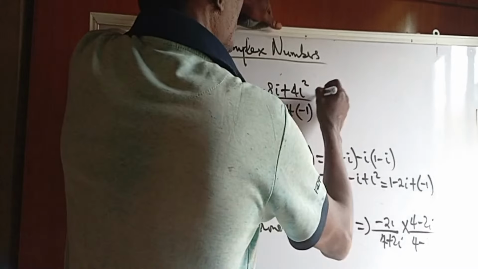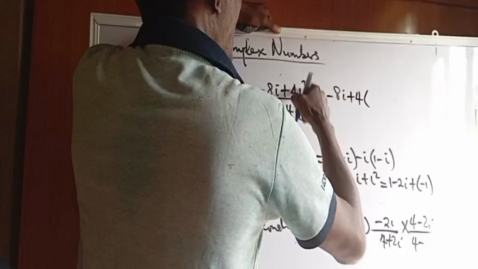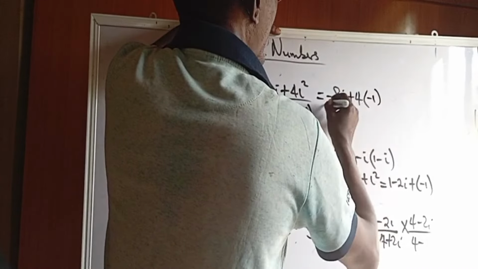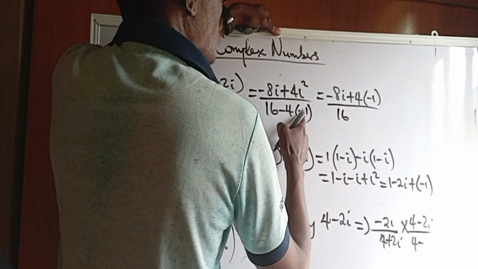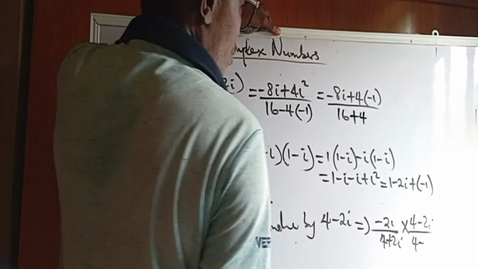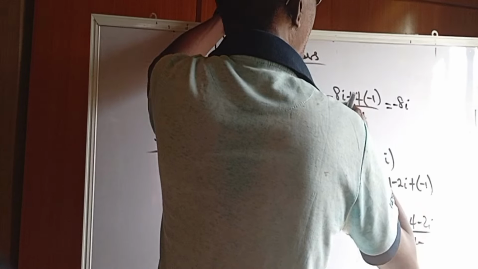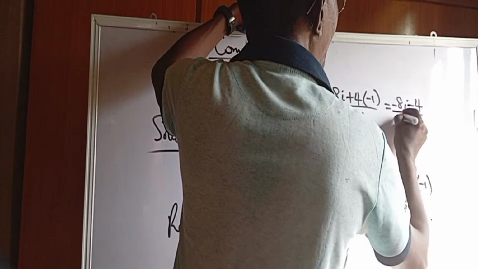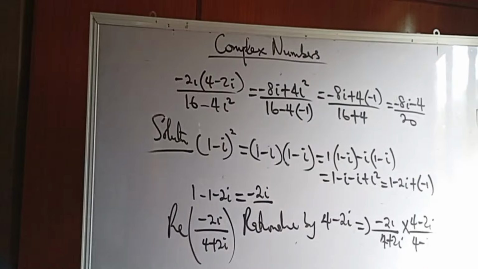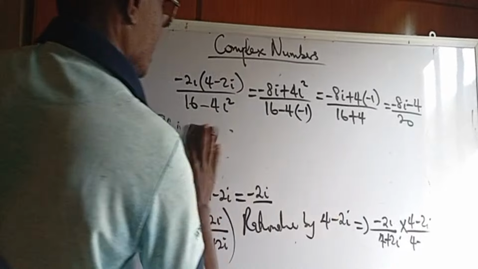So this gives us minus 8I plus 4 times minus 1, all over 16 minus 4 times minus 1 plus 4. So what do we have here now? Minus 8I, then plus 4 times minus 1 is minus 4, all over 20. Minus 8I minus 4 all over 20.